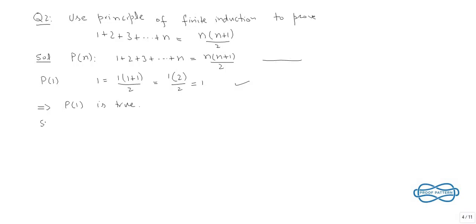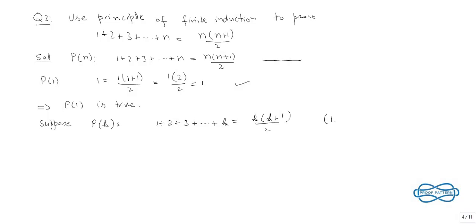Now suppose the given condition is true for k, which means Pk is true, which means 1 plus 2 plus 3 and so on up to k is equal to k into k plus 1 over 2.